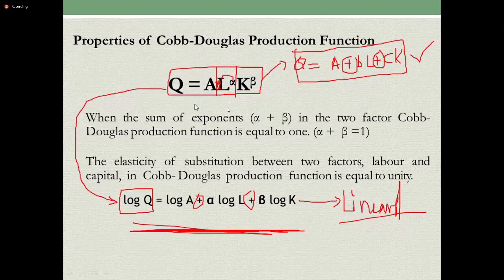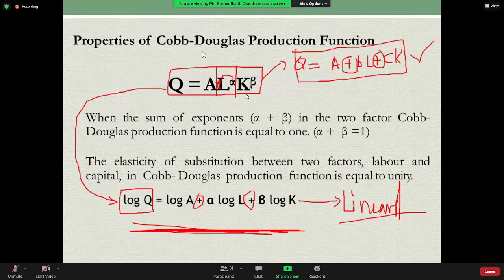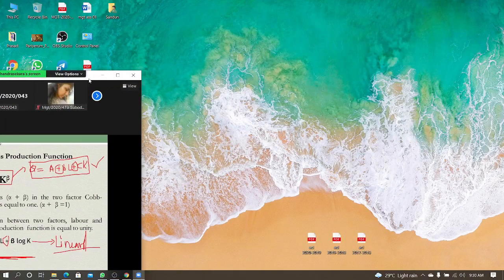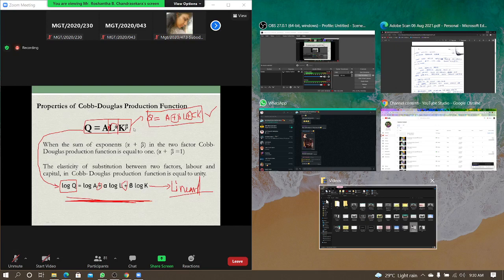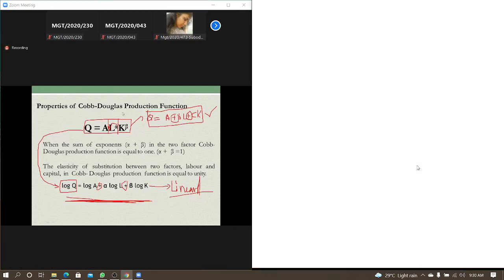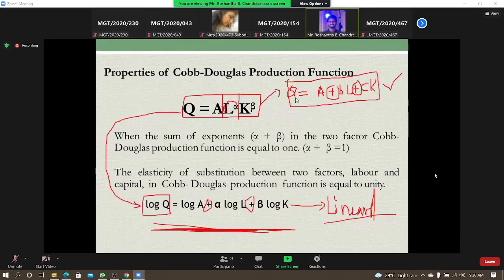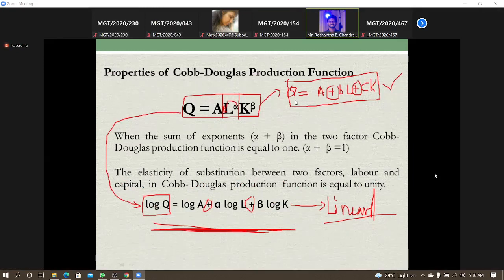In the Cobb-Douglas production function, at the very first, we laid the foundation on how the Cobb-Douglas production function can be identified as a non-linear production function. Then we got the production function here, and we identified the different components in the production function, and then we identified the way to show the returns to scale based on the production function.